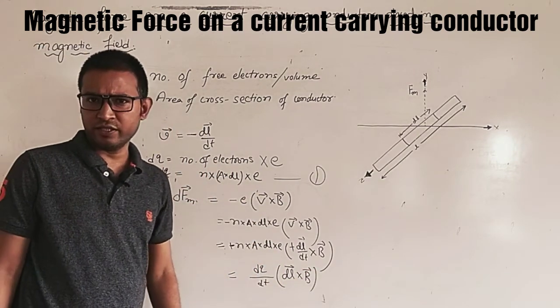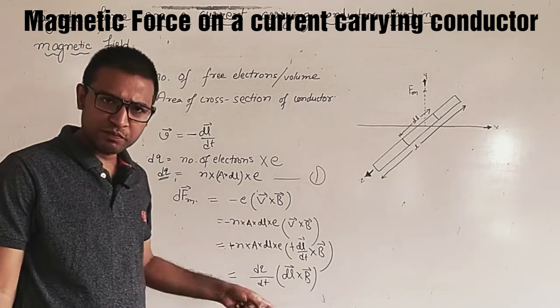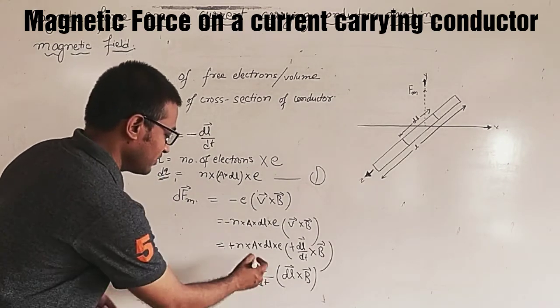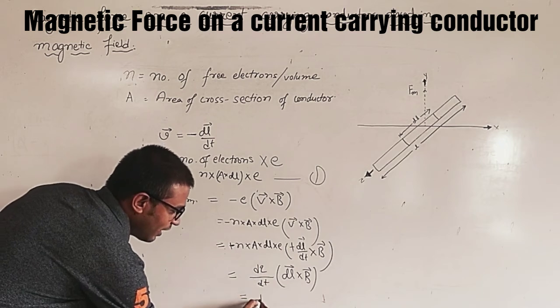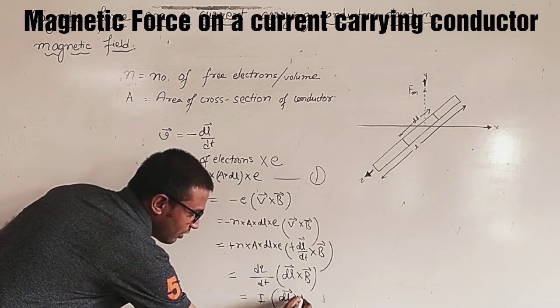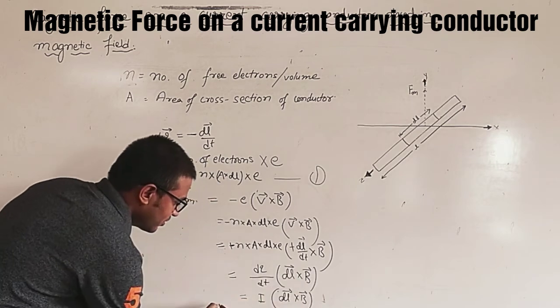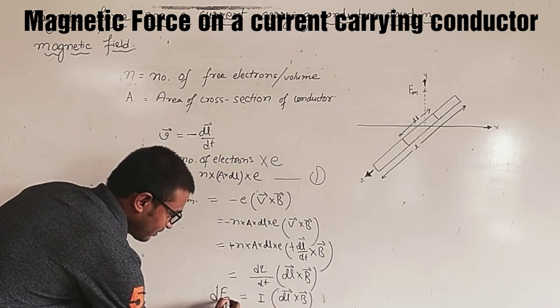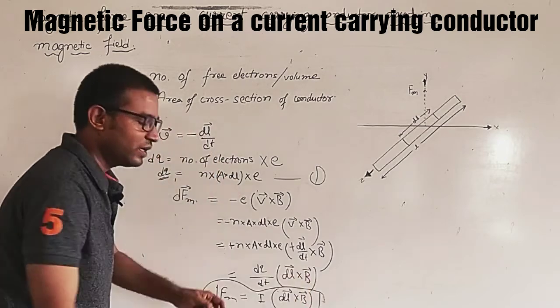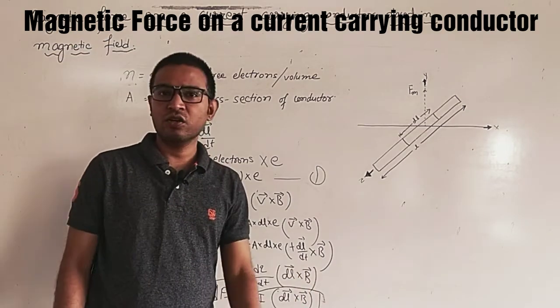It is something familiar. It is the flow of charge per unit time, and this is known as current. So put the value I here: I dl cross B. So the expression for the magnetic force is simply I dl cross B.